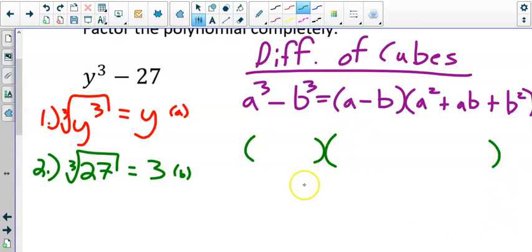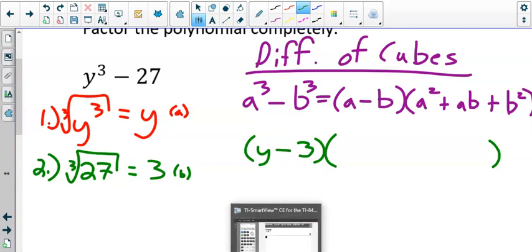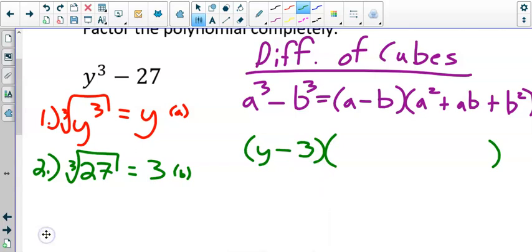All we have to do now is go over to our little formula over there and fill in. So this first parenthesis has a minus. First part right here is A. What's A? After the minus is B. What goes there? So there's your first parenthesis. And then now we fill in the rest. This first piece right here is what A squared is. So you take the y and square it and get what? Y squared.